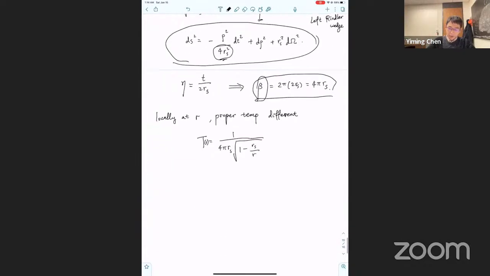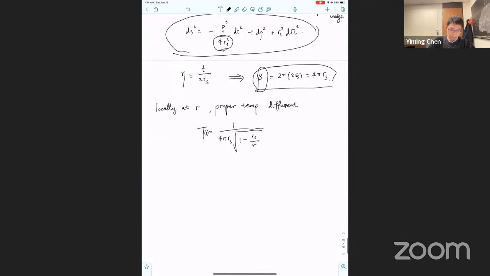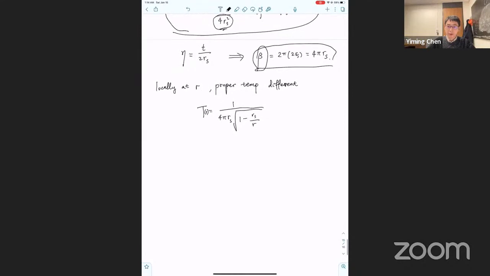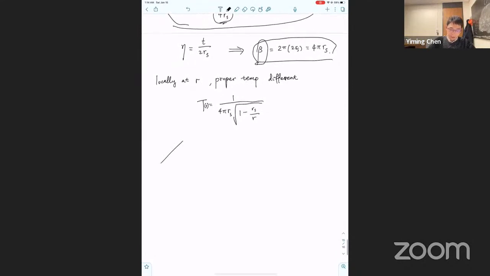So in fact, this argument only applies for the so-called maximally extended Schwarzschild solution, whose Penrose diagram takes the following form. If you draw the Penrose diagram like this, then this argument works, and it tells you that an observer that lives far away in the Minkowski space sees a finite temperature.